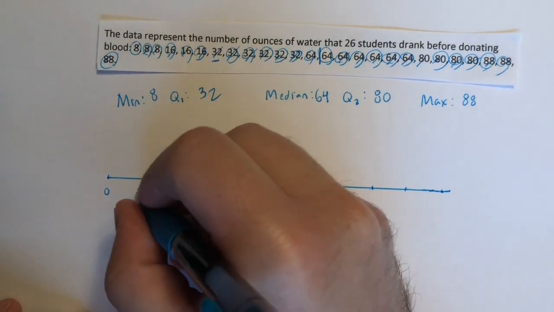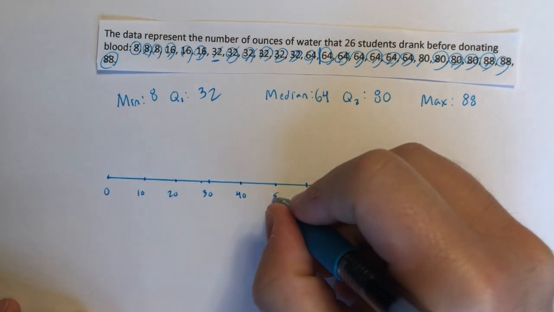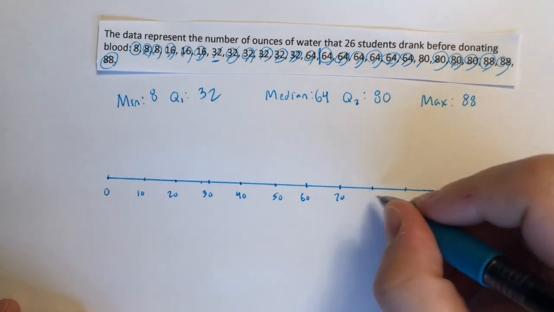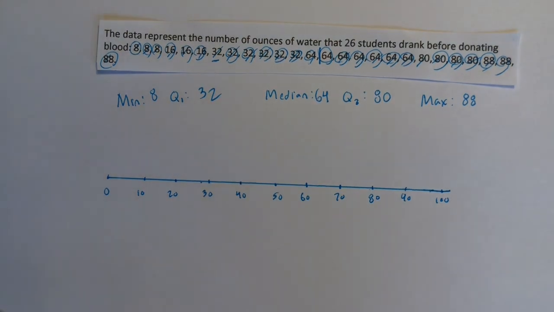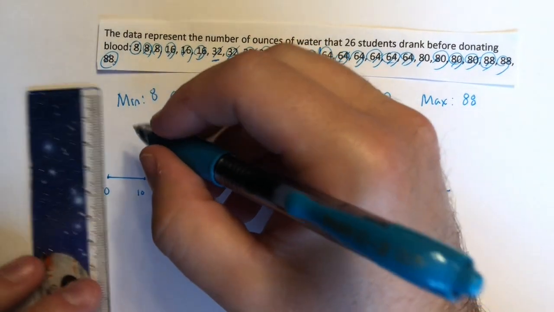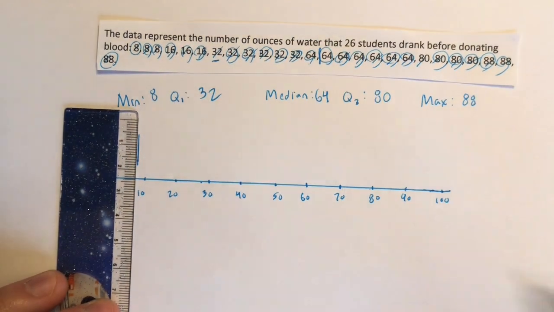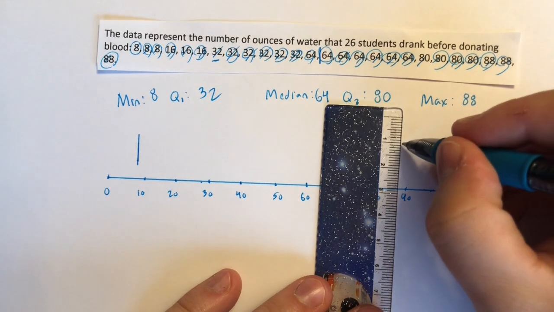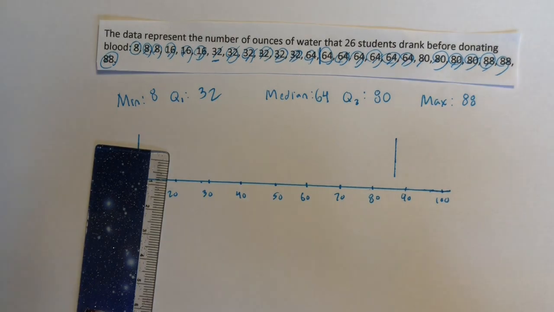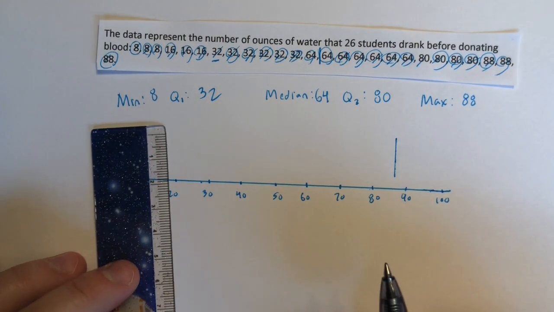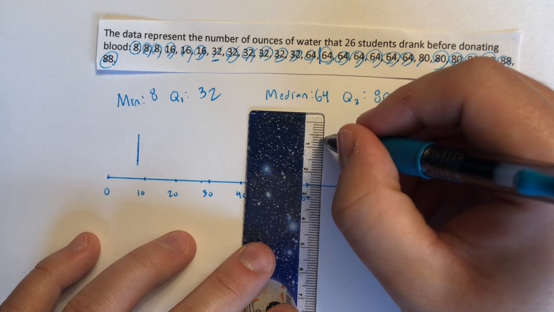So let's just say 0, 10, 20, 30, 40, 50, 60, 70, 80, 90, 100. Okay, so our lowest is 8, so that's going to be about right here. Our highest is 88, so it's going to be about right here. These are our boundaries. These are how far we've gone, all right? Our median is at 64, which is about right here. More like this.